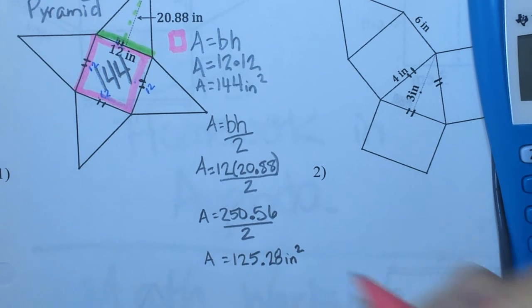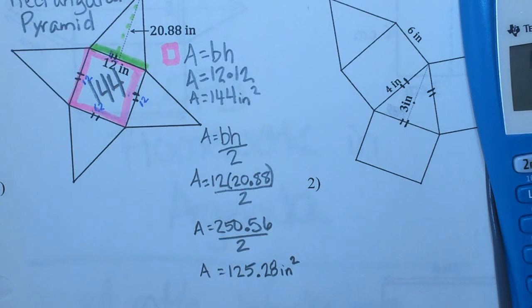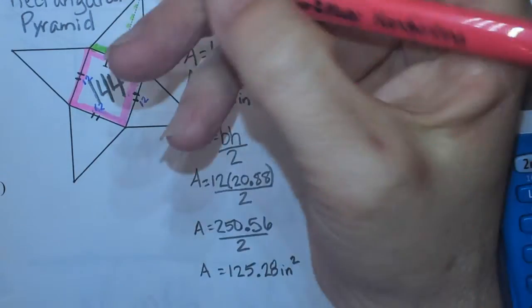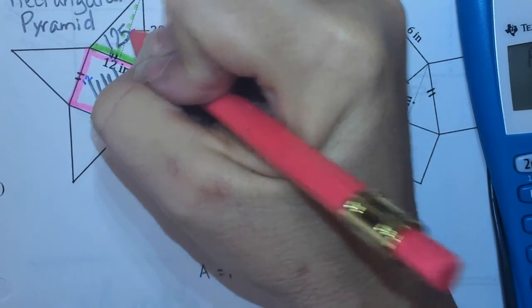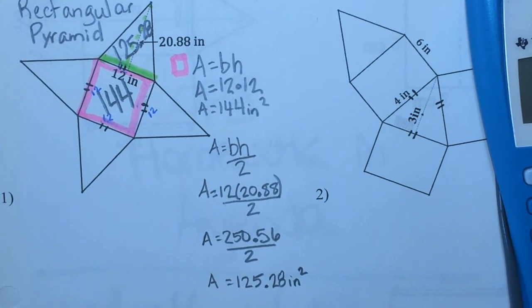Okay. Now, here is the next thing I warn you of. Okay, I'm only filling in the triangle that I found, which is that triangle. 125.28. Just that one triangle. The reason is, do not ever assume anything. Please, please, please check the numbers.